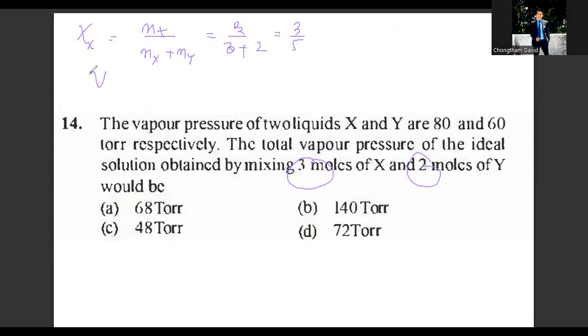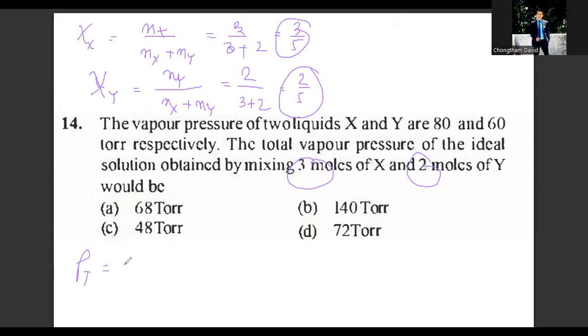And for Y, let us write, the mole fraction of Y would be moles of Y divided by moles of X plus moles of Y, the total moles in the solution. 3 plus 2, so it would be 2 by 5. So you have 3 by 5 and 2 by 5. What would be the total pressure in the system?